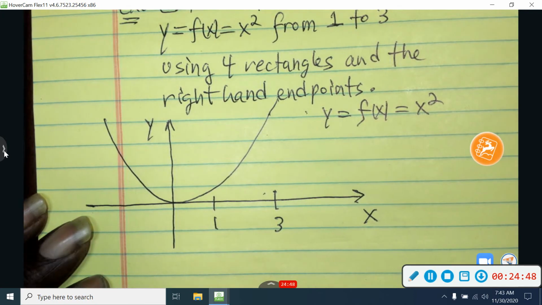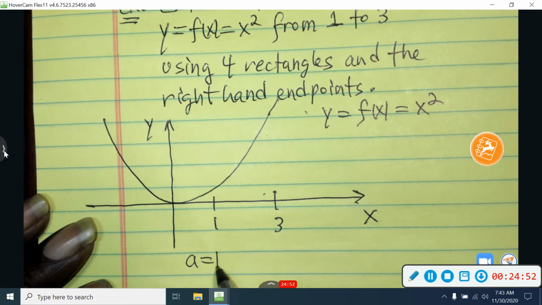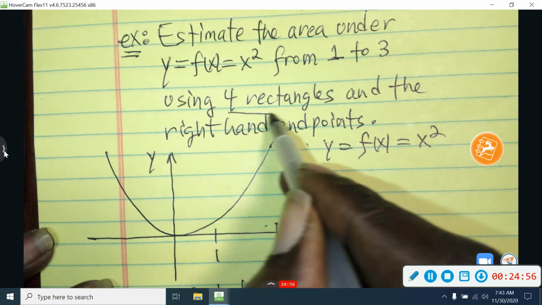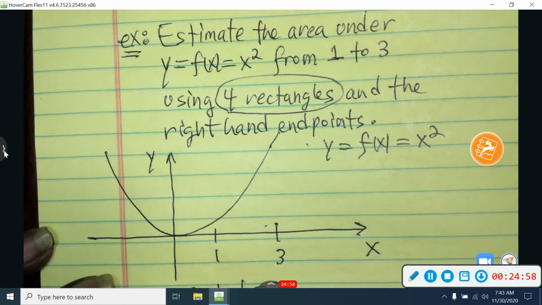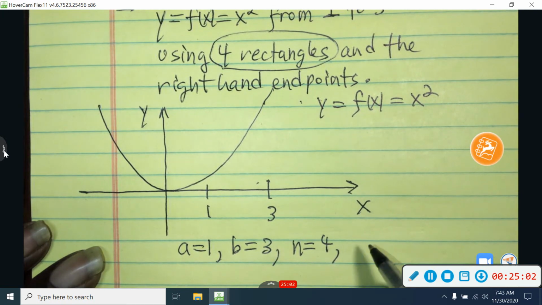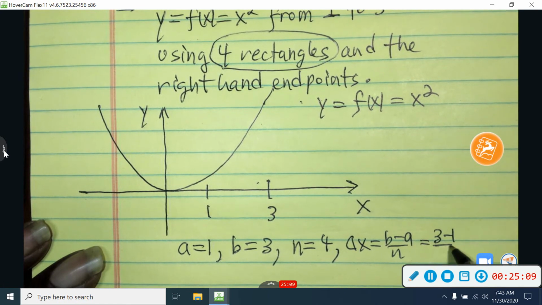Realize that a is equal to 1, b is equal to 3, and n is equal to 4 rectangles. The change in x is b minus a over n, that's 3 minus 1 over 4, that's a half.